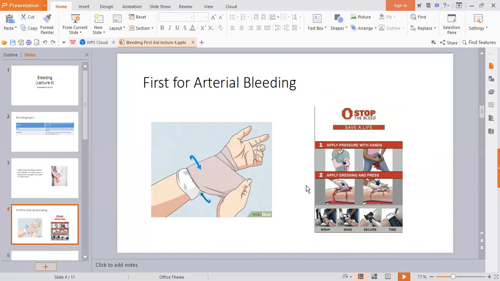You have to wrap the injured area and cover it with more pressure. But if there is any object embedded in the wound, do not try to remove the object. Instead, apply pressure around the injured area, for example, in a leg or arm injury.